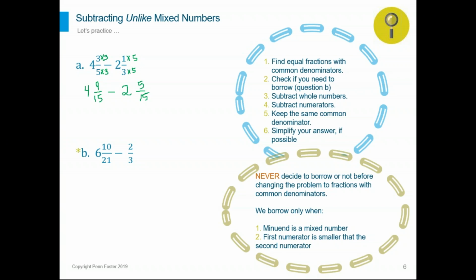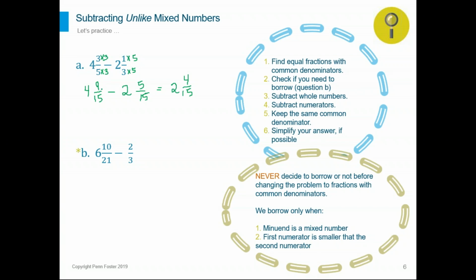So this is a sign that this problem is a no borrow problem. This problem can be done by simply subtracting 4 minus 2 is 2, 15 will stay as is, 9 minus 5 is 4, and that would be your final answer. And we did not have to borrow in this problem because the first numerator is greater than the second numerator. So we were able to take 5 away from 9.